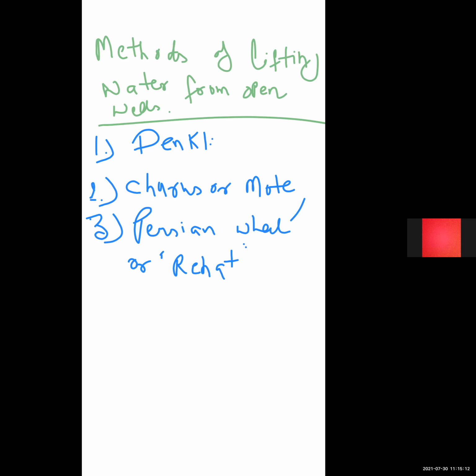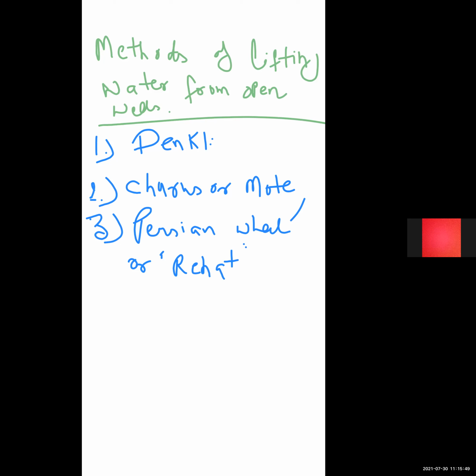A pair of bullocks is generally employed to hold the container, and the bullocks move forward and backward on a ramp on the ground. When the bullocks reach the end, the spout rests on the lower pulley, and due to this continuous process, water can be lifted.